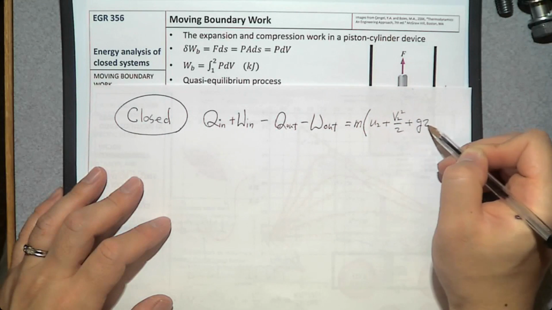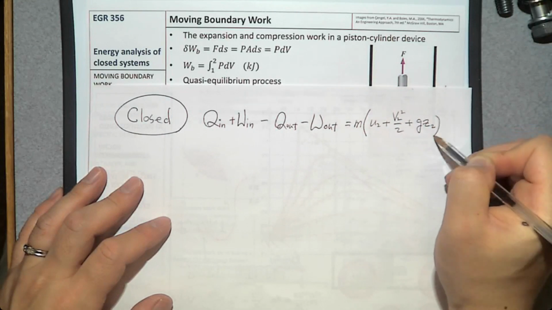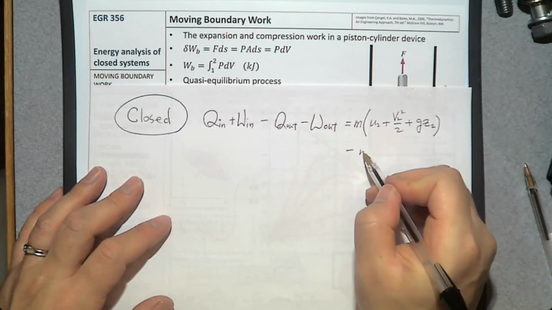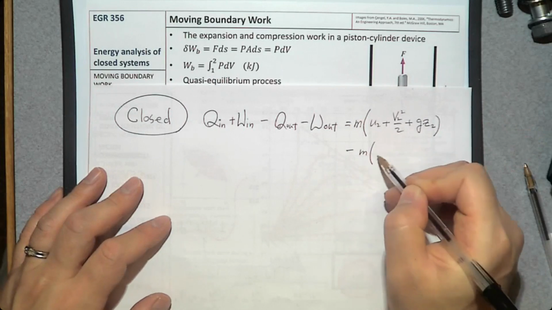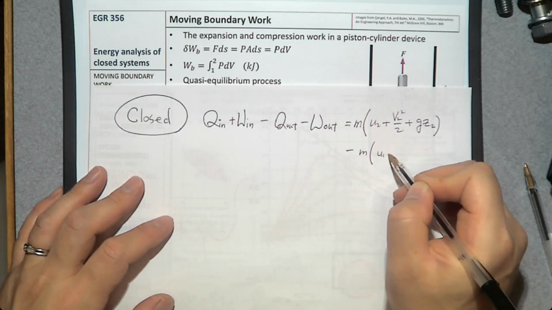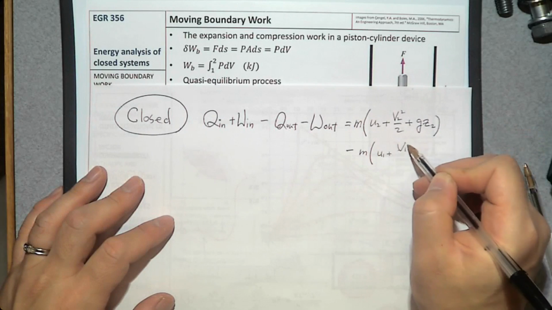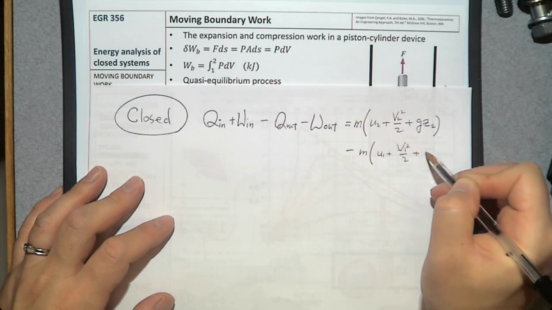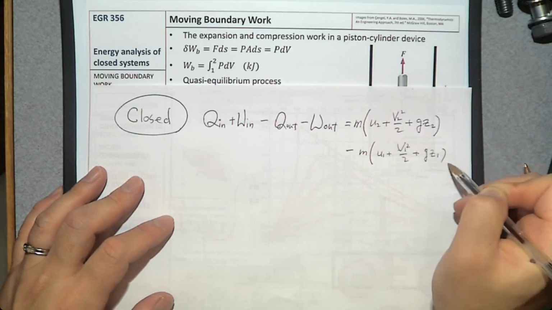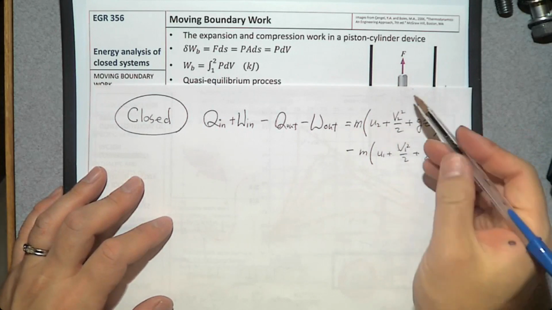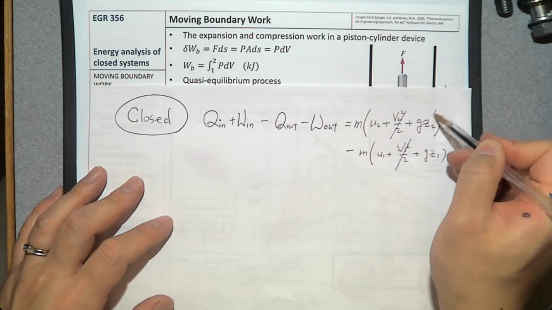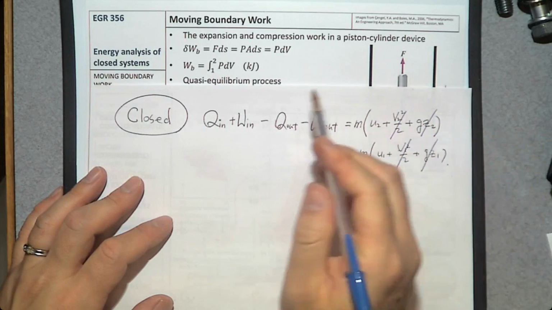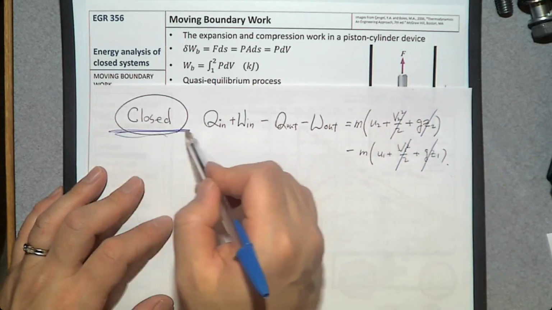potential energy, gravity times elevation z, minus mass times the total energy at the initial state, U1 plus kinetic energy and plus potential energy. We usually neglect kinetic energy change and potential energy change when we have a closed system.